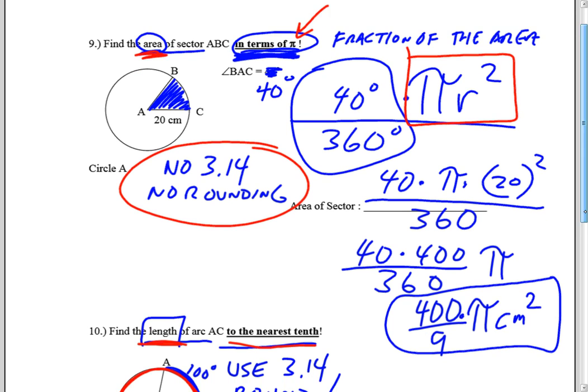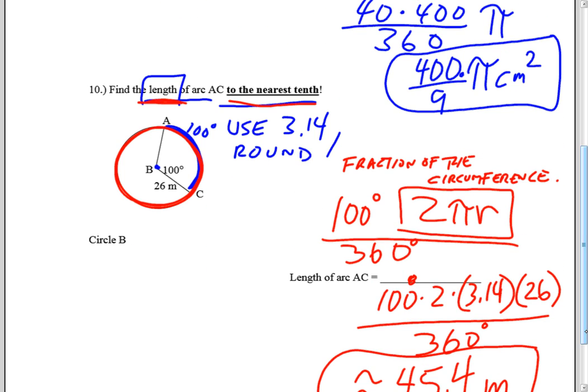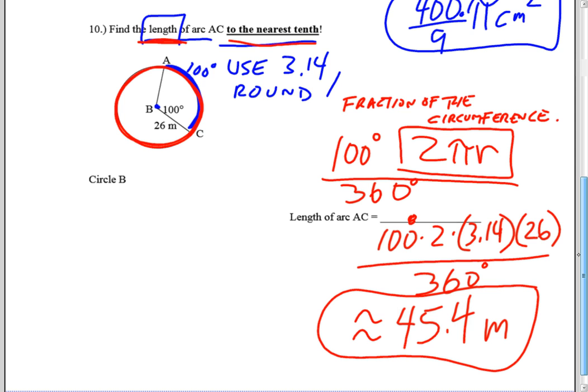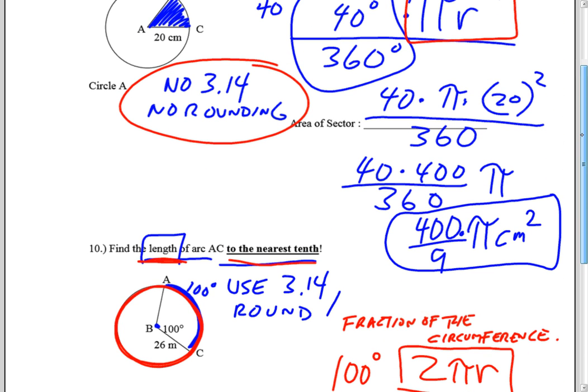You might see this type of problem that we just did. This might be an in terms of pi problem. It all depends on the directions that are handed to you. Read, underline. If it says to the nearest tenth, substitute everything in and round. If it says in terms of pi, don't put pi in, you just include pi as part of the answer.